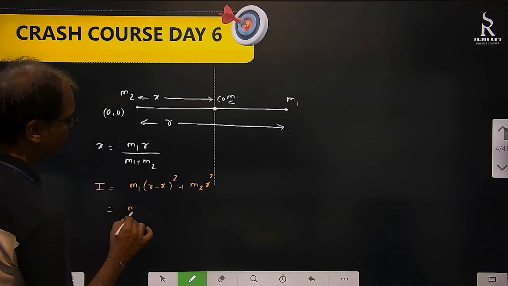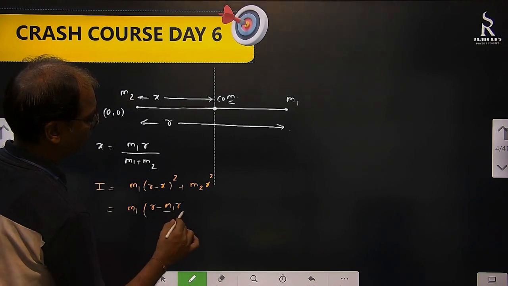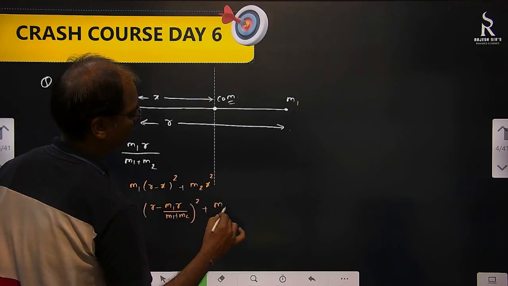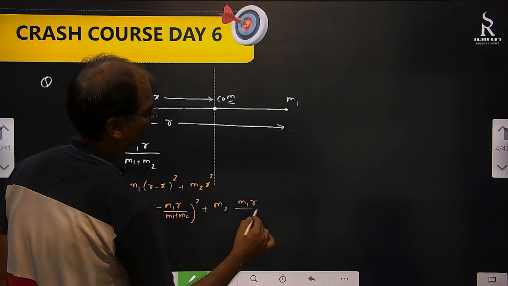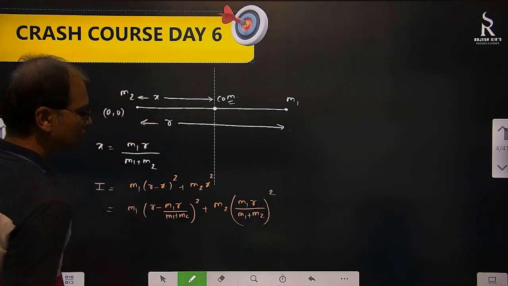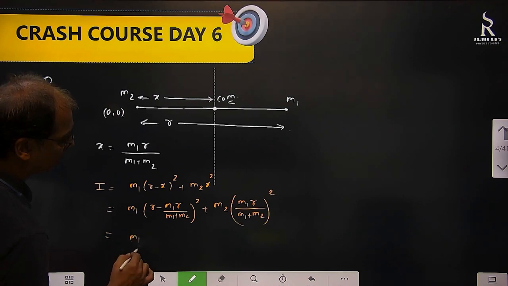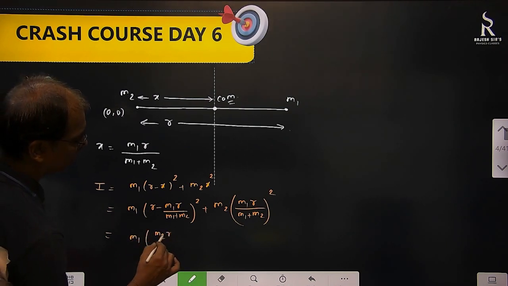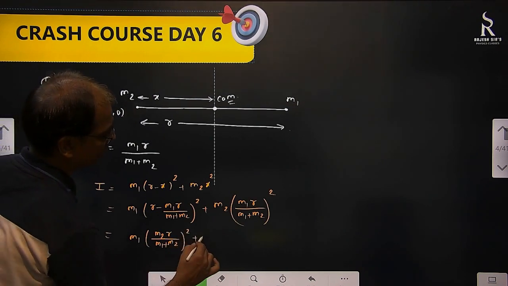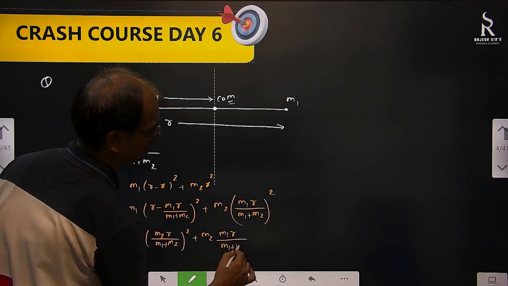So m1 into r minus m1r by m1 plus m2, whole square, plus m2 into m1r by m1 plus m2, whole square. Take the LCM. The m1r will get cancelled. It will be m1 into m2r by m1 plus m2 whole square, plus m2 into m1r by m1 plus m2 whole square.